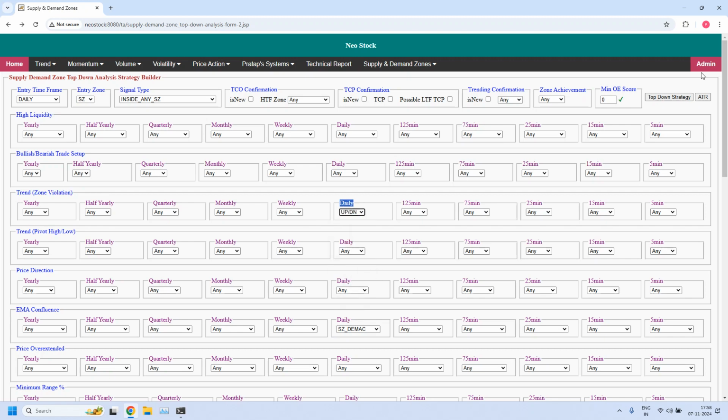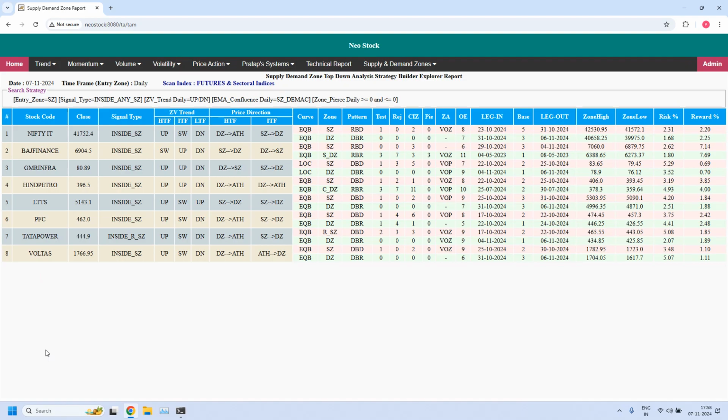Could be up or down, but not sideways, because EMA does not make sense in a sideways trend. So 8 stocks are filtered. These 8 supply zones are having daily EMA Confluence. If it is a downtrend, you can plan for bearish trade setups. Uptrend, you can plan for counter trend trade setups.